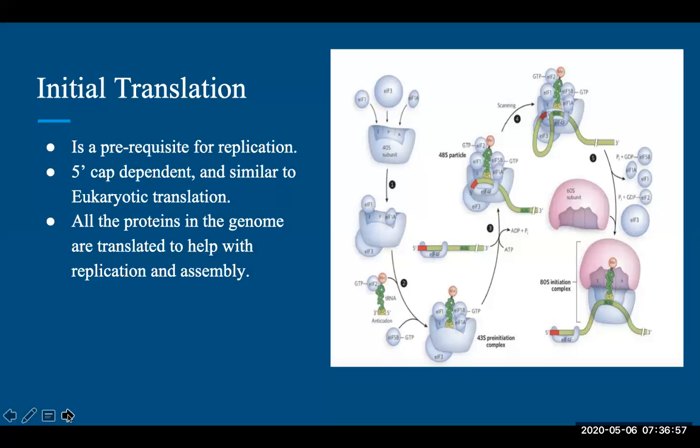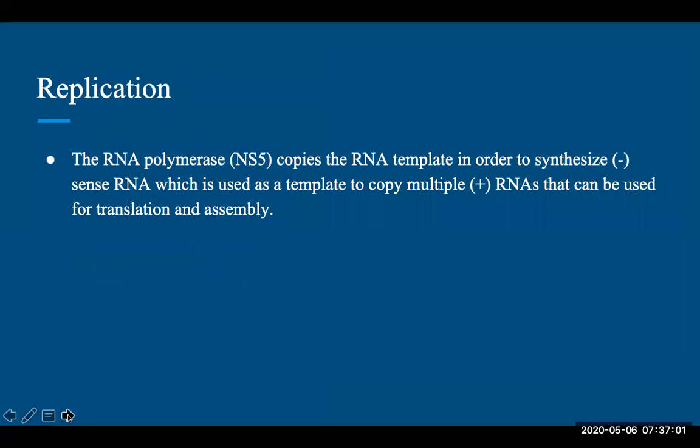And one of the main ones is the polymerase, so the NS5. The NS5 copies the original genome RNA template, and uses that as a template to synthesize negative RNA, which is then used again to form multiple copies of positive RNA.